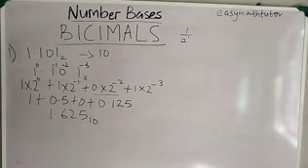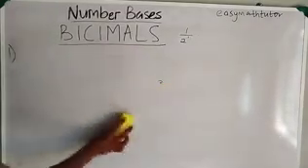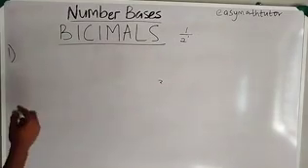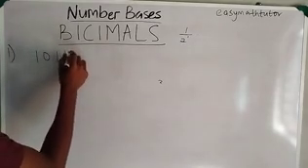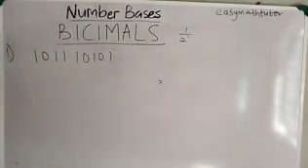All right. Now let's take another example to make it clearer. Let's work with a longer number a bit. So let's say we have 1011.10101.